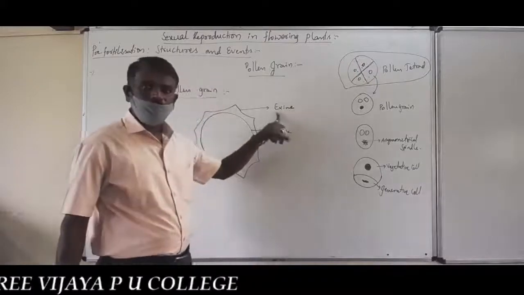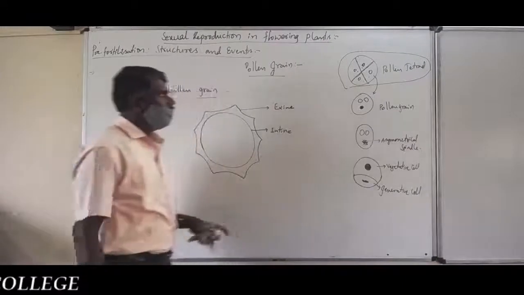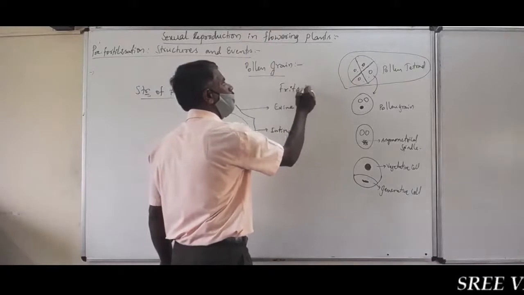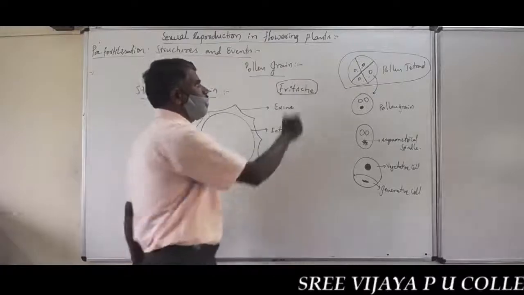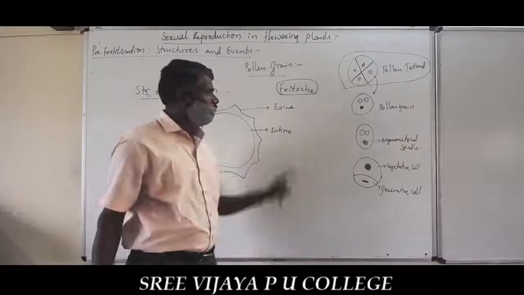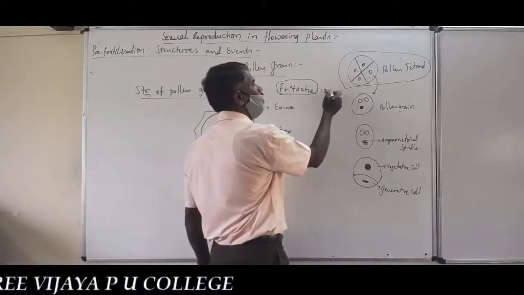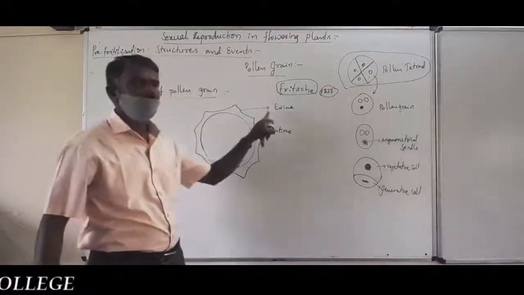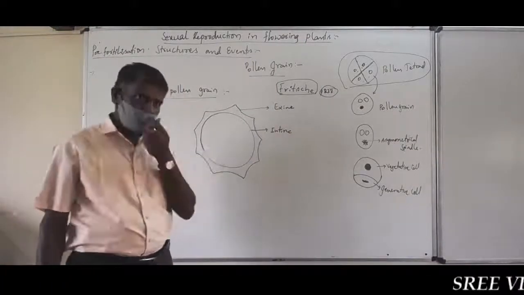The outer wall is exine, the inner wall is intine. These wall layers were named by Fritzsche. According to Fritzsche, in 1837, he called the wall layers of the pollen grain exine and intine.